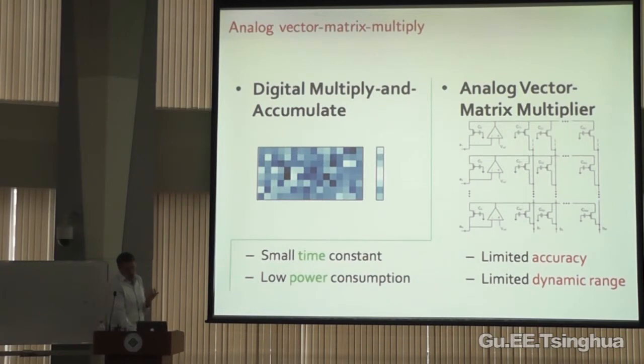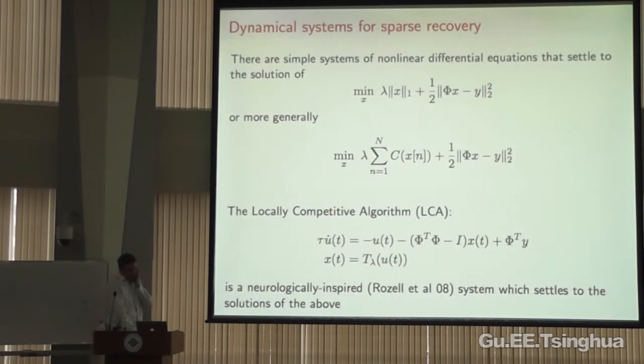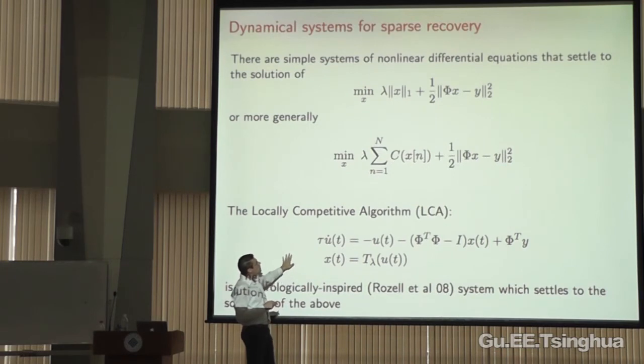But more to the point, what we're interested in from a mathematical standpoint is having a dynamical system, a set of differential equations, that solves problems that look like this.